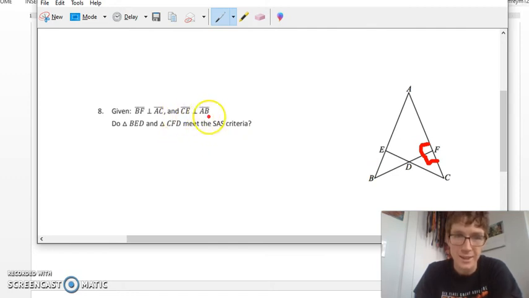And CE is perpendicular to AB. That means there's a right angle here, there's a right angle here. Does triangle BED and triangle CFD meet the SAS criteria? So let's see.